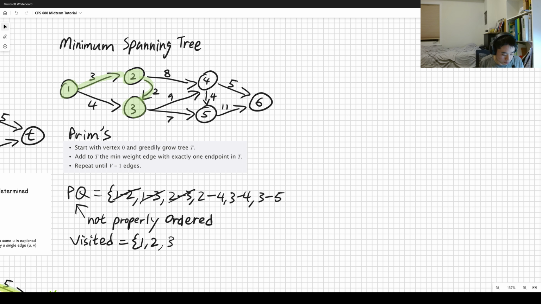The next one is from 3 to 5 because 3 to 5 has the weight of 7, which is the lowest so far, and because there are no cycles, we can use this. Oh dear. Okay, hang on a moment. There you go.